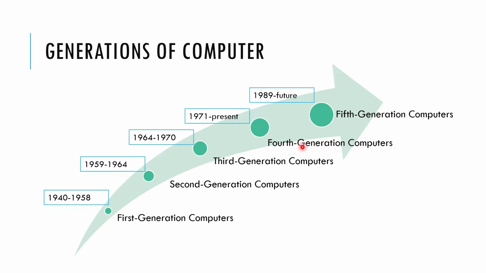With each generation, the computer has become much more powerful and smaller in size. Computers are classified into 5 generations based on the advancement in technology which has happened over the period of time. In today's video, we will be primarily discussing the first generation computers. So, let's take a look.